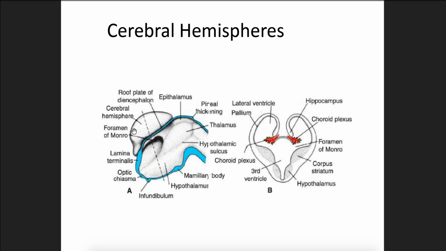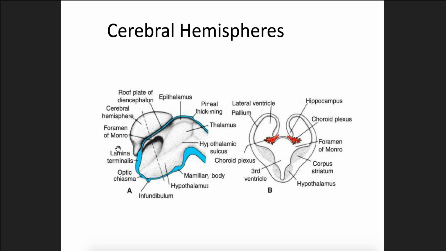Now, this area that you see is actually lateral to the structures of the developing diencephalon. So, each hemisphere develops lateral to the structures of the diencephalon, and this is made possible by waves of neuroblasts which are extending from the lateral aspect of the diencephalon outwards like this.